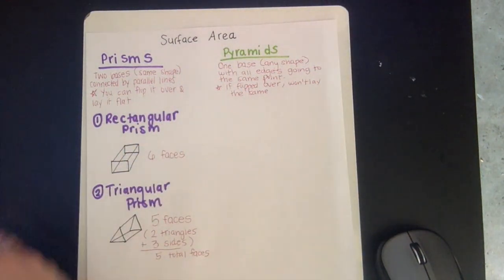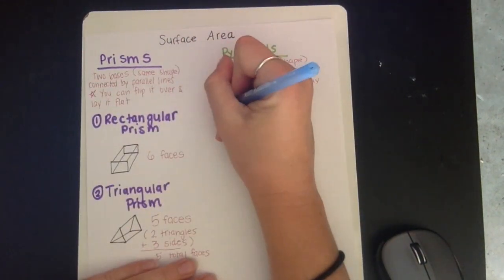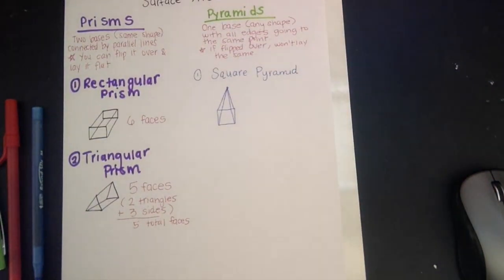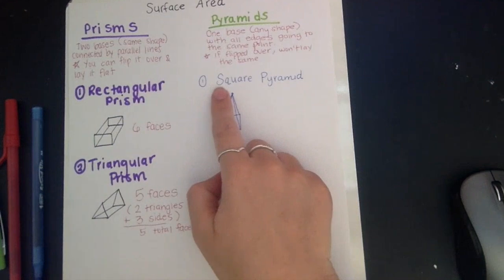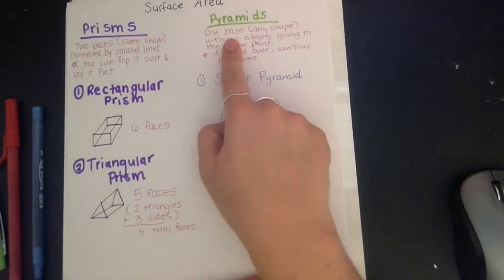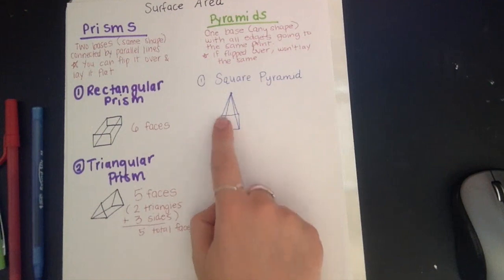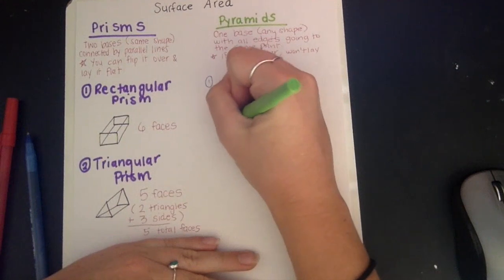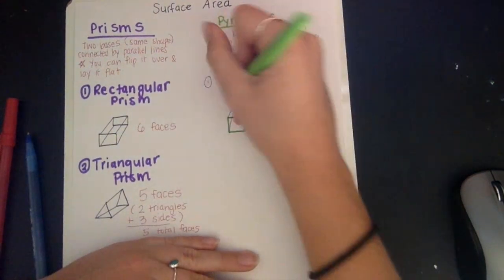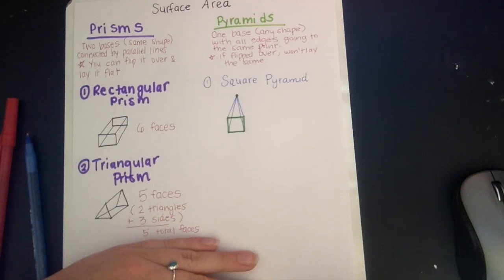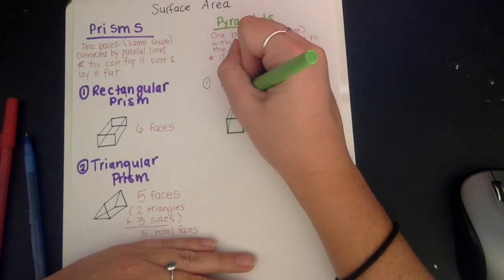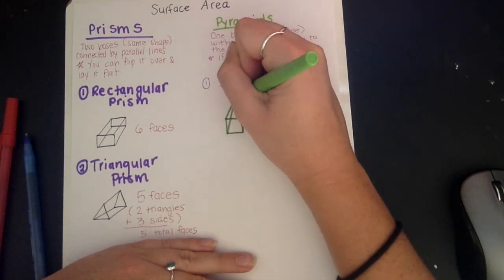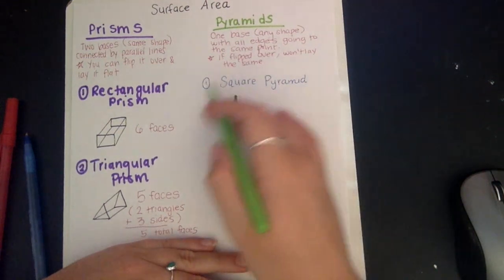The first one that we're learning about today is going to be a square pyramid. All right, sorry, my last video cut out, but basically today we're learning about a square pyramid. So I'm talking about a pyramid, meaning it's one base. In this case, my base, you can go ahead and draw a square. And then I know it's a pyramid, so there's my pyramid point. And I connect that pyramid point with straight lines to all of my vertices, all of those points. And there I have my square pyramid.